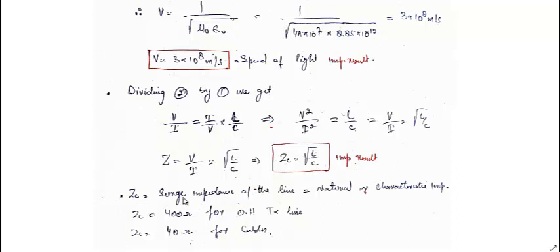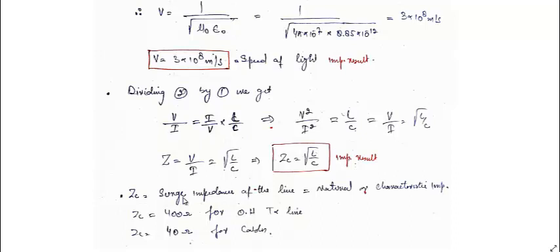Capacitance is more for two reasons: because the conductors are very close to each other. Usually this capacitance is between conductor and ground, and that sheath which is connected to the ground is also very close to the conductor. And also we know the capacitance is proportional to 2 pi epsilon, where epsilon is equal to epsilon naught into epsilon r.